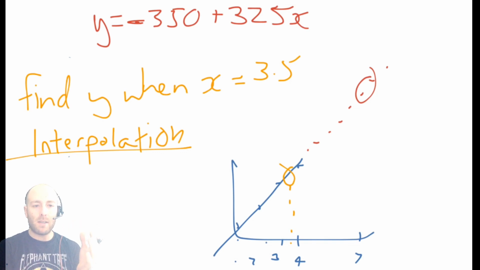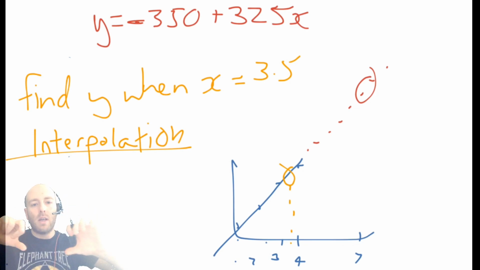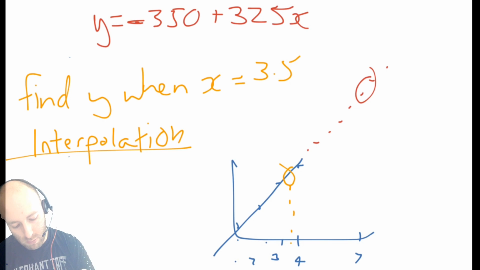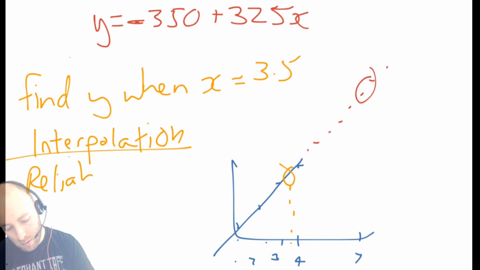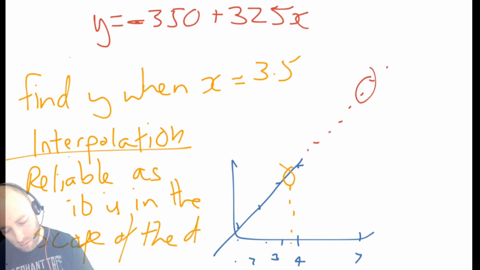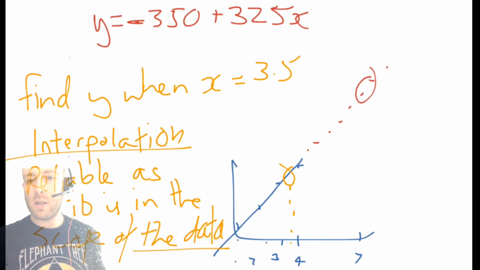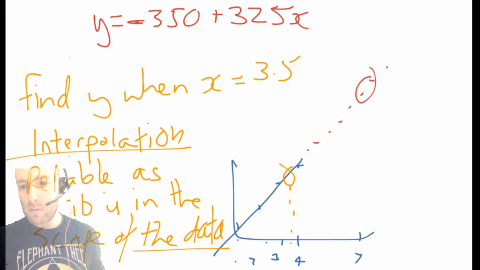When we're finding the median or the quartiles, we were interpolating within our data. We were in one of our class widths trying to find our values. So because of that, it was a reliable estimate. So interpolation is reliable as it is in the scope of the data.